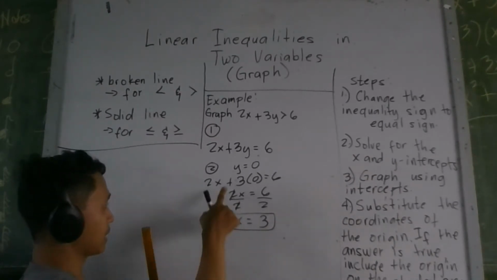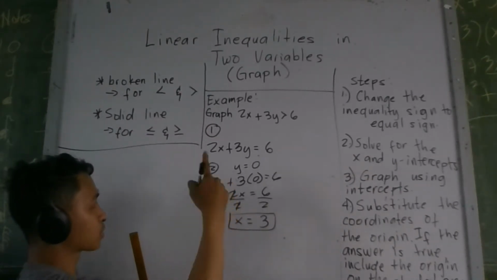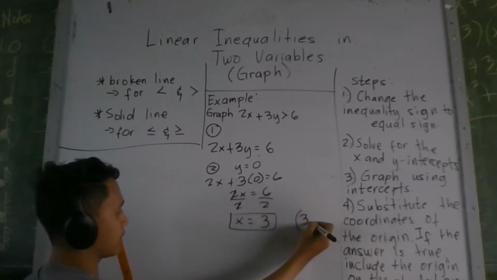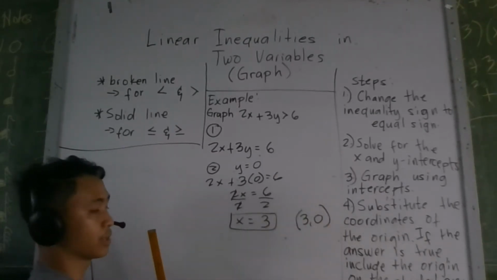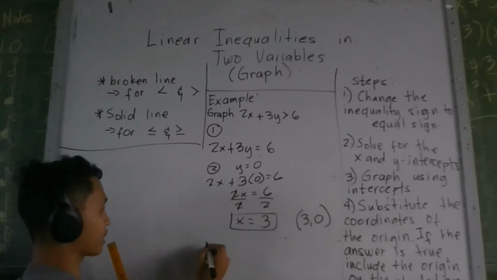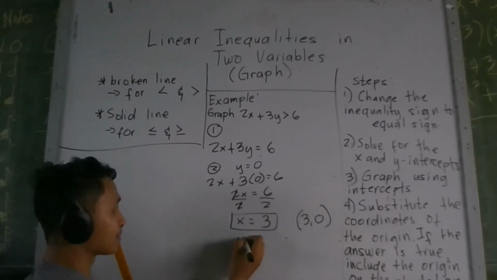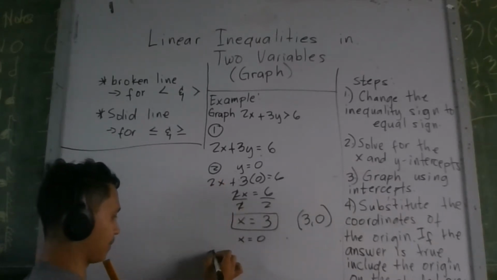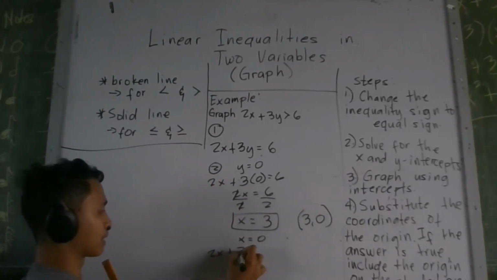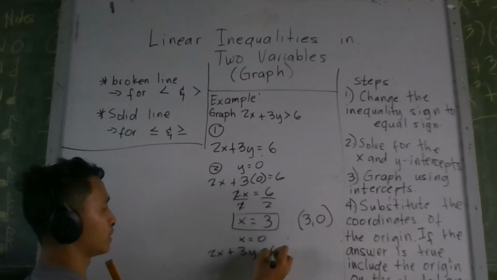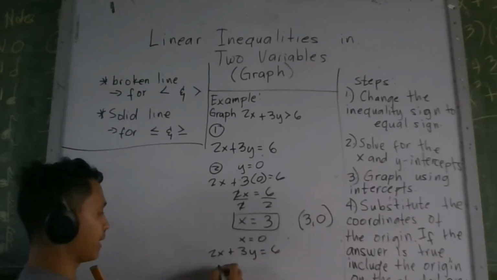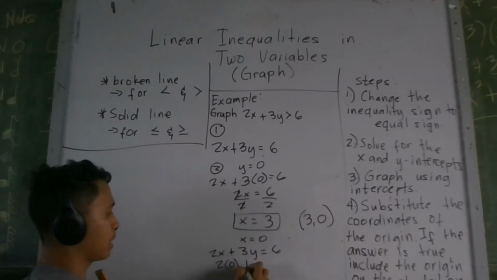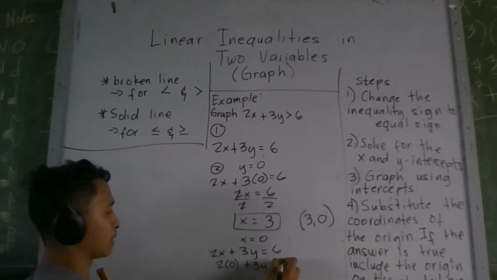Kuha? Next is, let's solve for the y-intercept. Oh, by the way, the coordinates here is 3, 0. Just take note of that one. For the y-intercept naman, let x equal 0 to solve for y. Same, 2x plus 3y equals 6, right? And then 2 times 0, since x equals 0, plus 3y equals 6.